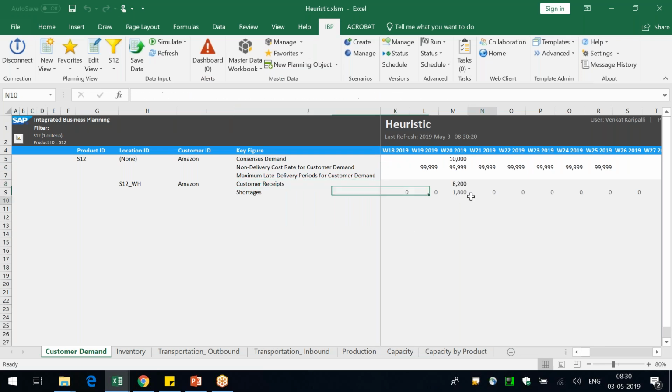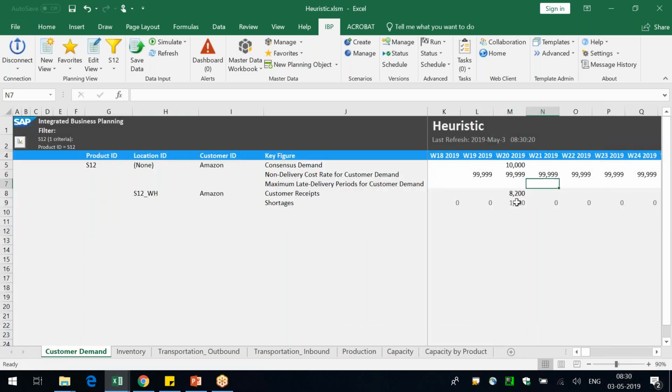So you can see that the customer receipts for week 20 give 8,200 that it can meet, and there is a shortage of 1,800.